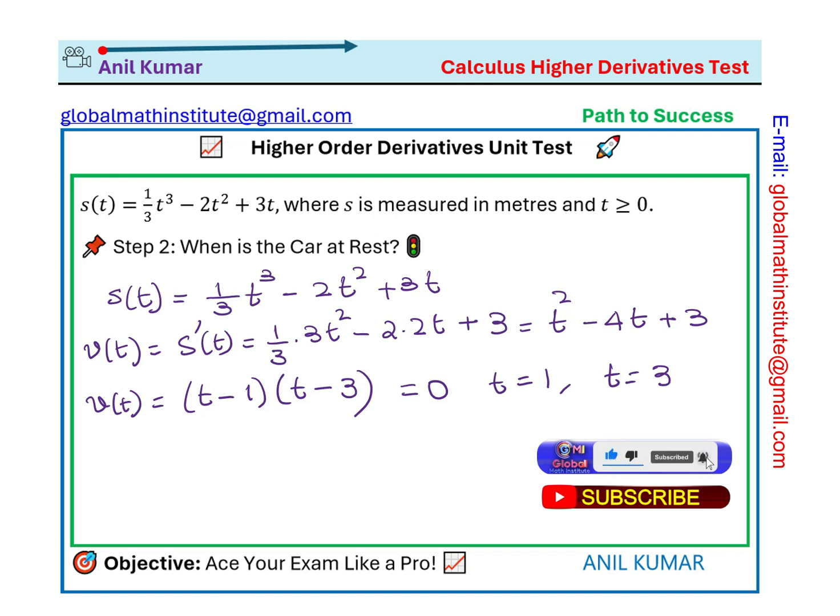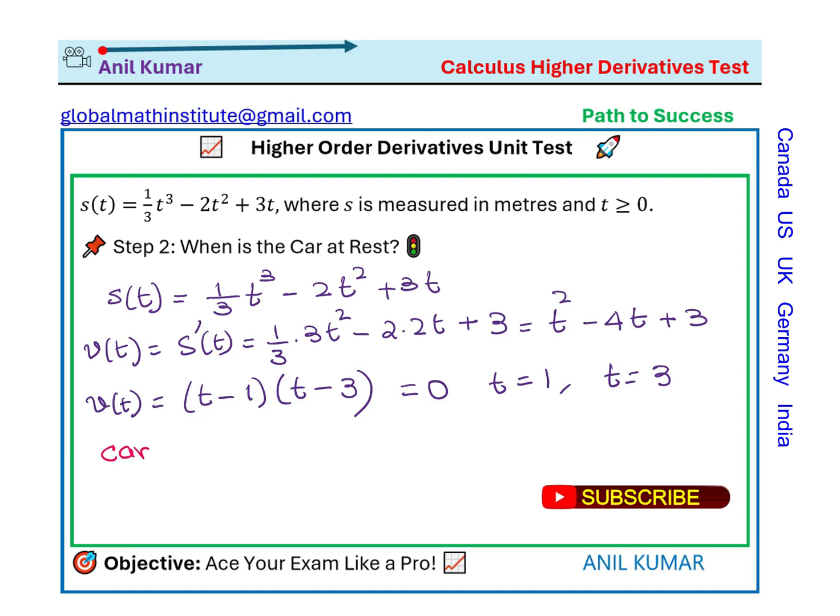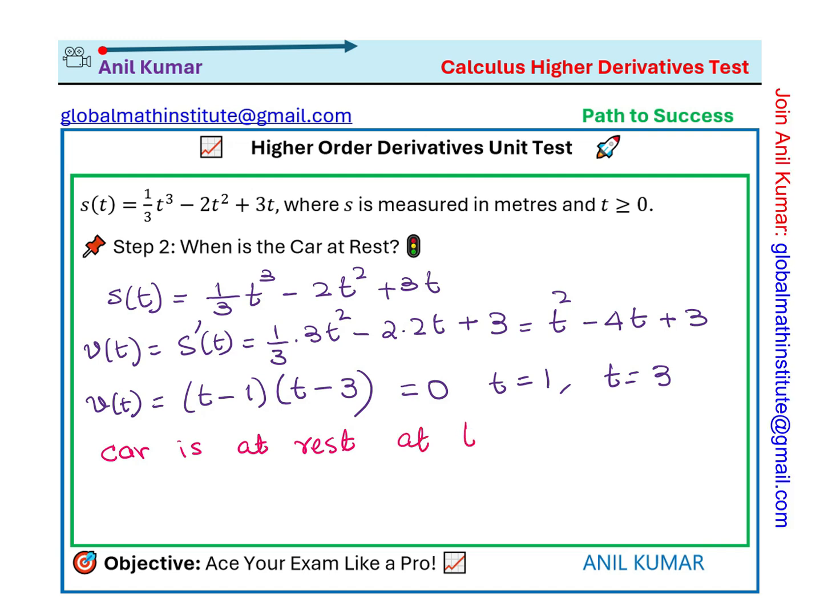So these are the two times when the car is at rest. Right? So we can now write down our answer. Car is at rest at t equals 1 second and t equals 3 seconds.